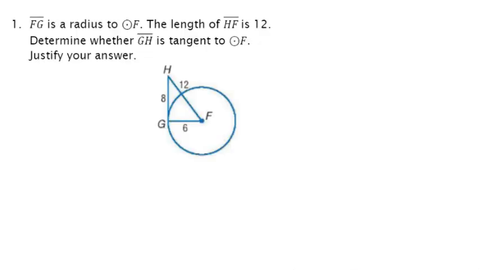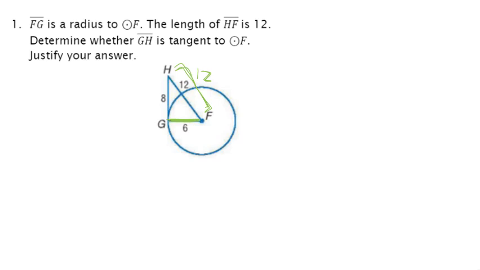The first example says FG is a radius to circle F. We can see that FG goes from the center to a point on the circle. They also tell you the length of HF, which is this entire length, is equal to 12. That's going to be really important for some examples.